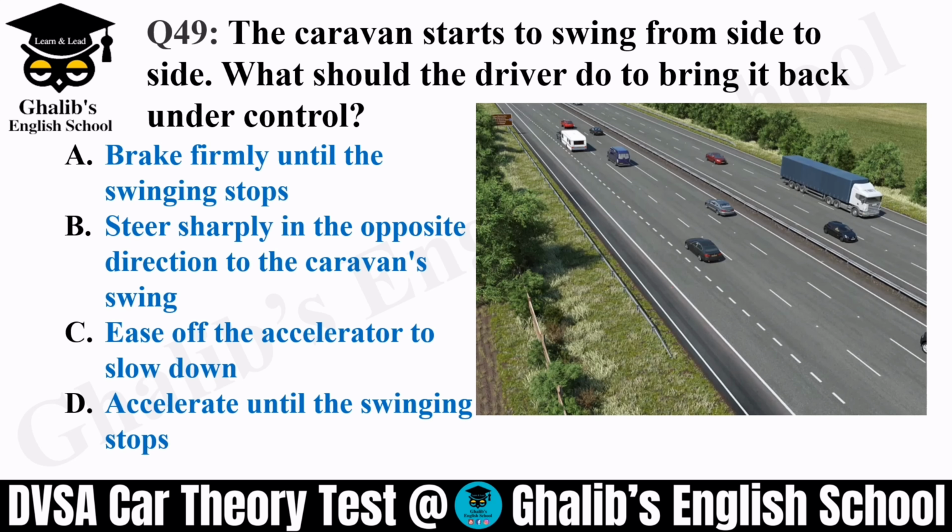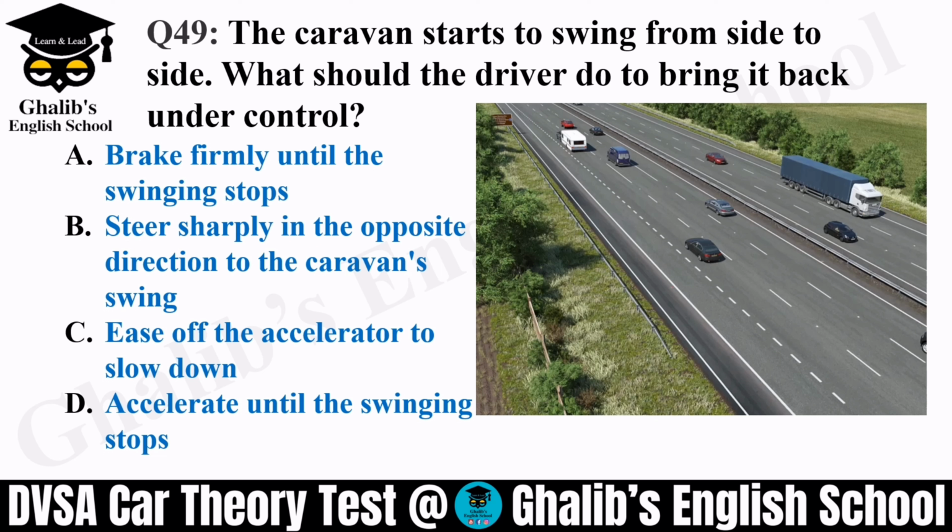Question 49. The caravan starts to swing from side to side. What should the driver do to bring it back under control? You watched this video clip, I'm going to play it again in a minute. You see that this caravan is very unstable behind this car. How can the driver bring it under control?